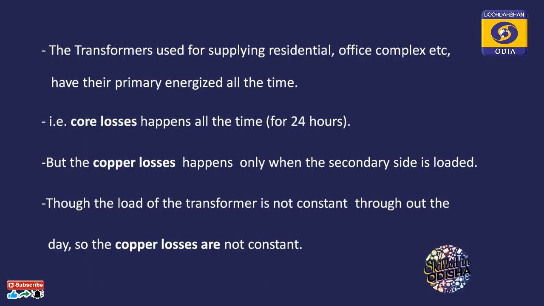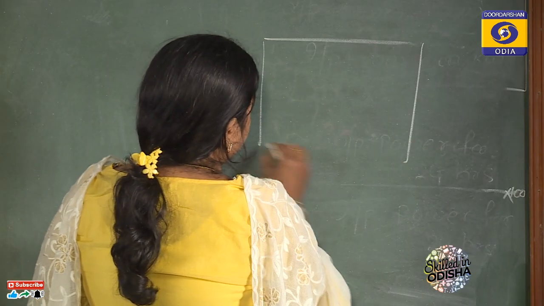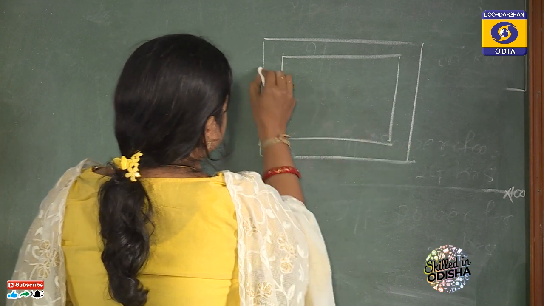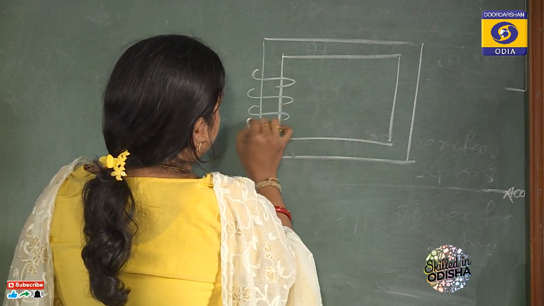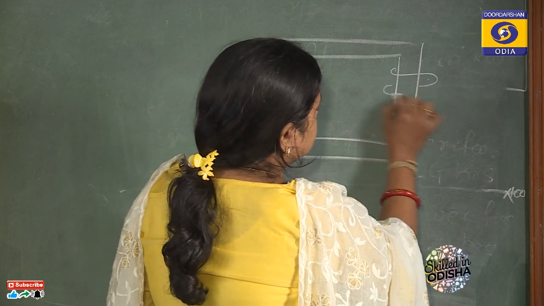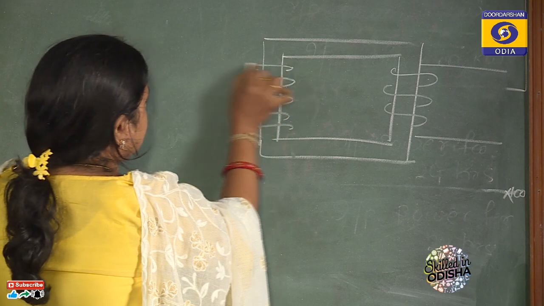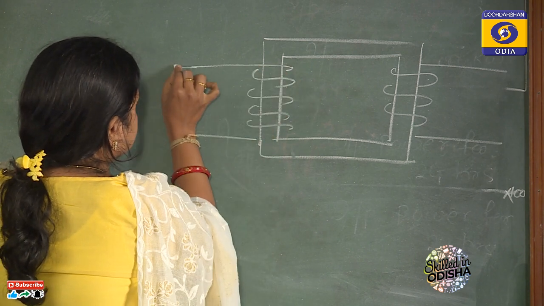So see here, this is the core of the transformer, and this one is the primary winding of the transformer and this is the secondary winding of the transformer.